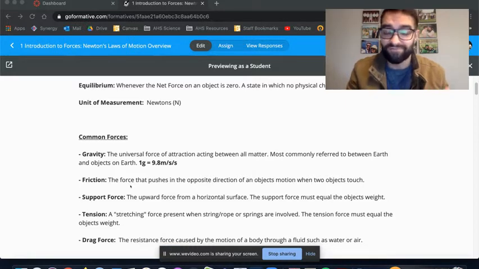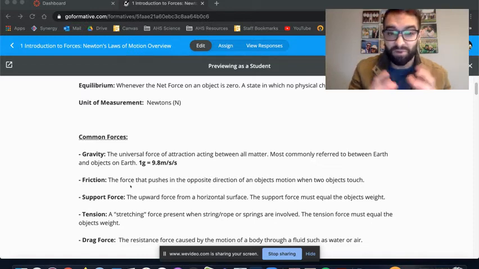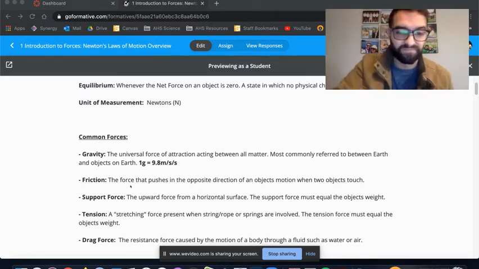If you have a lot of friction in your shoes, you have good grip, right? And that's another way we say it. If you don't have good friction between your shoes, then you have weak grip or not very much grip, and you slip. Some objects will have more friction, some will have less friction, and friction will often be part of our scenarios as well.